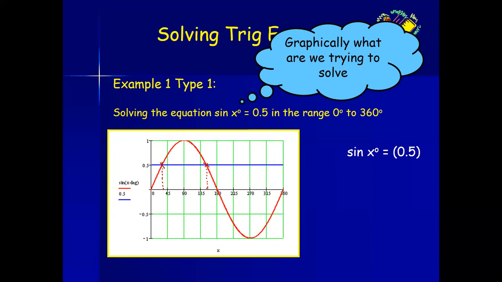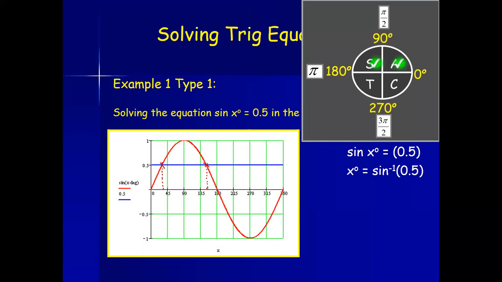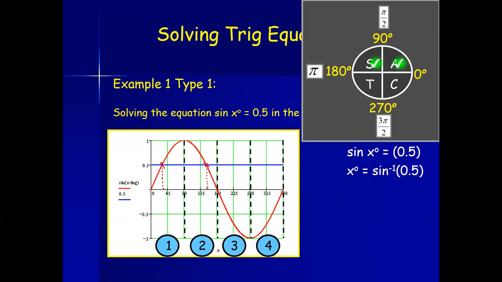So inverse sine of 0.5 we said was 30 degrees. We looked at cos earlier on, but 30 degrees is this angle here, through your inverse sine.